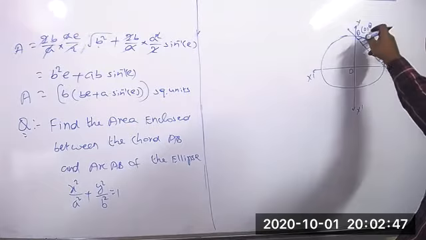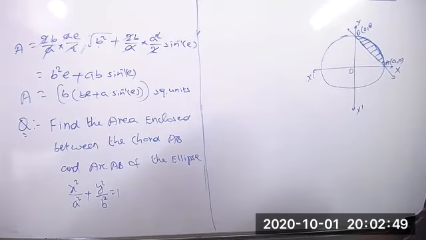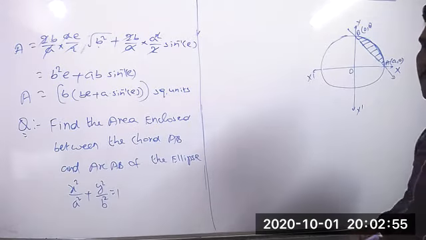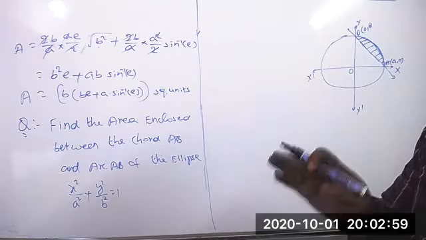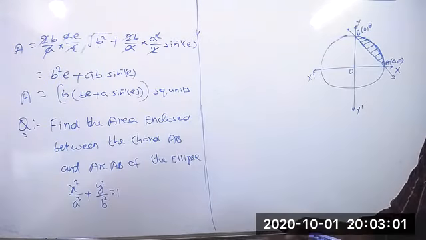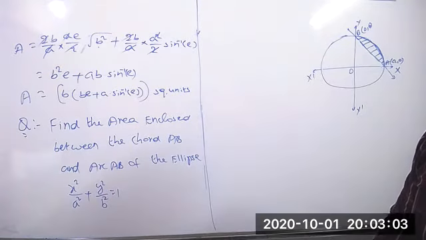We know very well the line equation. A line passes through the points (x1, y1) and (x2, y2). What is the line equation formula? y minus y1 equals m into (x minus x1).